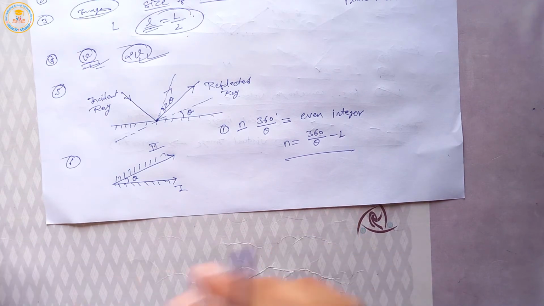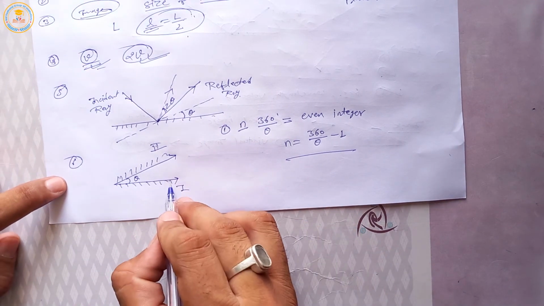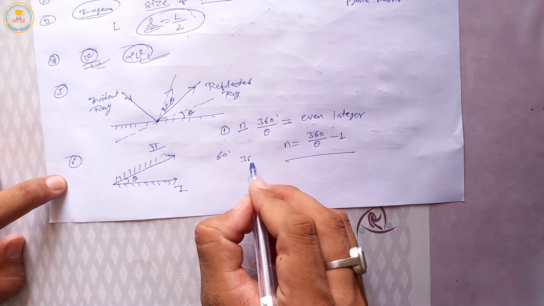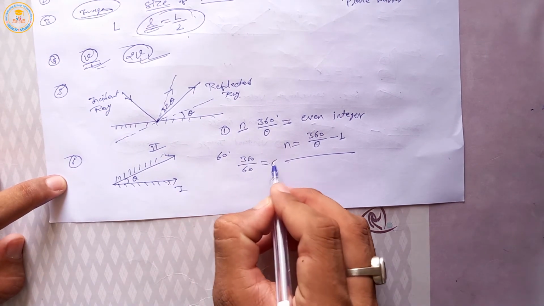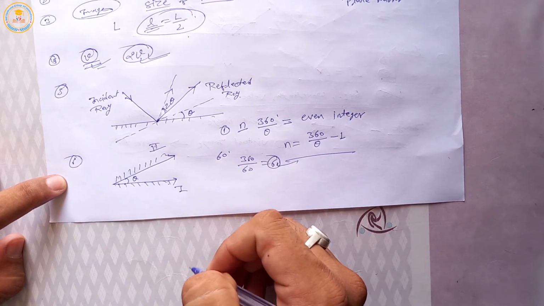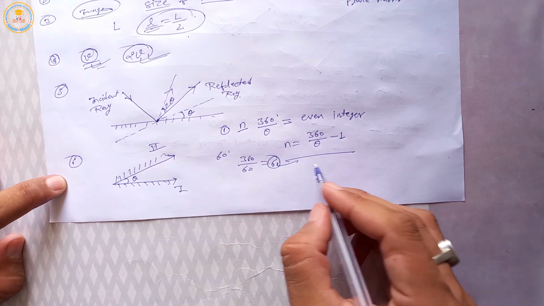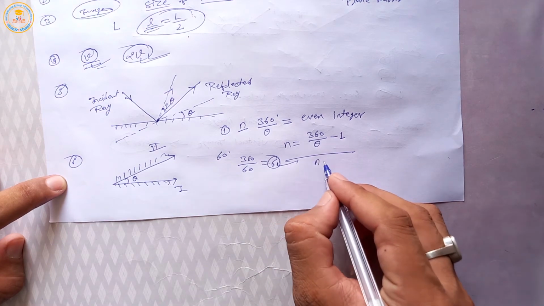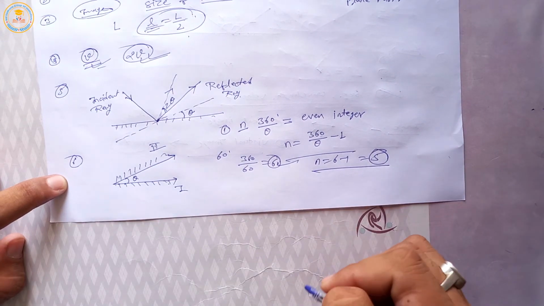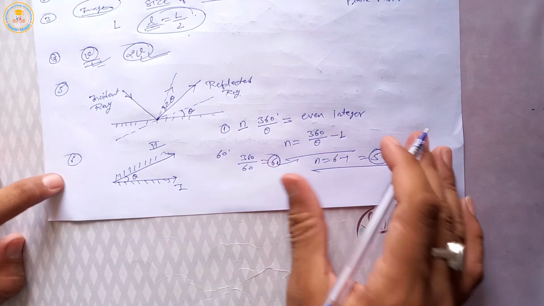Suppose that the angle between the mirrors is 60 degrees, then in this situation 360 upon 60 is equal to 6. This is an even integer. Then in this situation the number of images n is equal to 6 minus 1 is equal to 5. Okay, this is one condition.